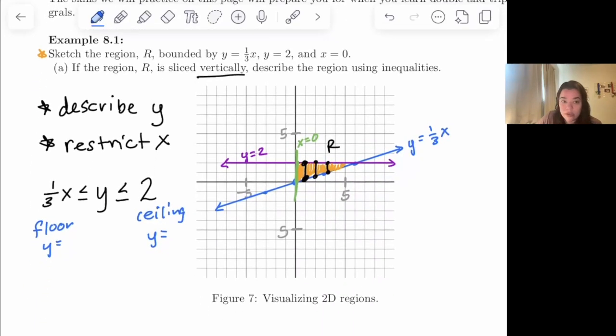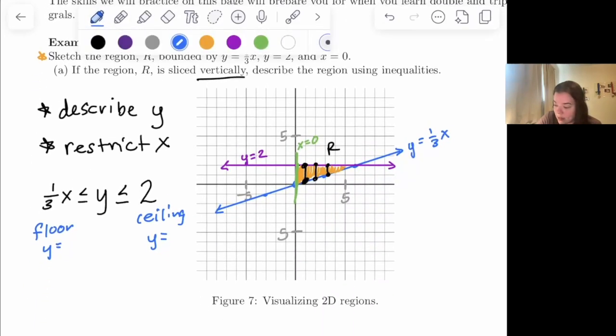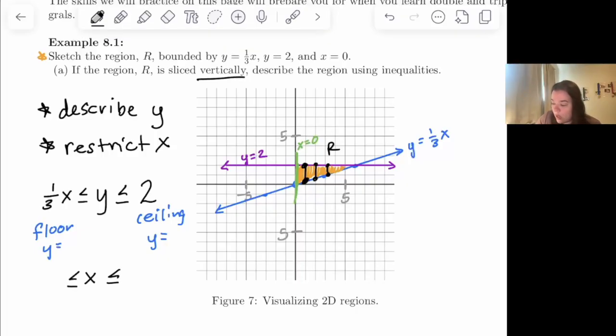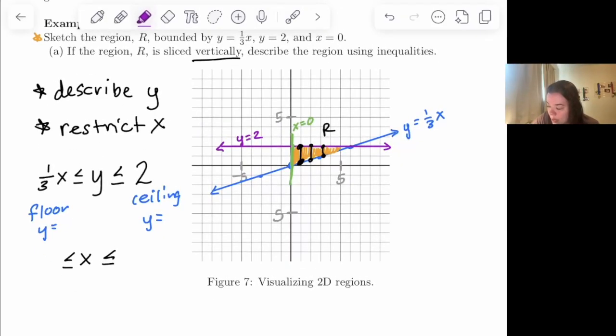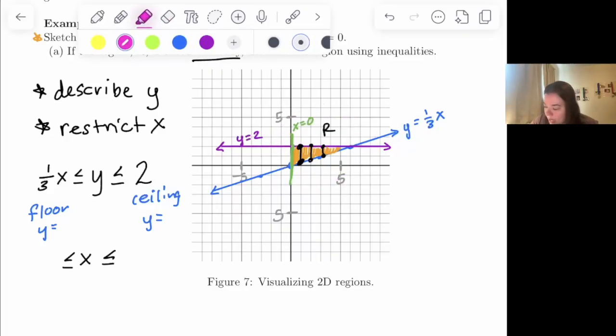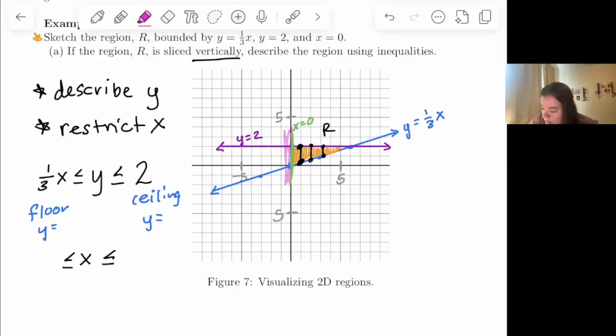And now to restrict x just means we are looking for the smallest x value. If you think about this shaded region, go in there with a bright pink highlighter. What is the smallest x all the way up to the largest x that keeps you in your shaded shape? The smallest x is 0. And you can see on the picture the largest x is 6 because these lines actually intersect.